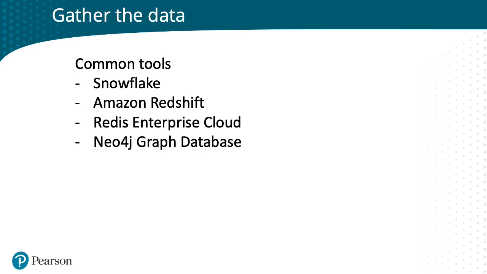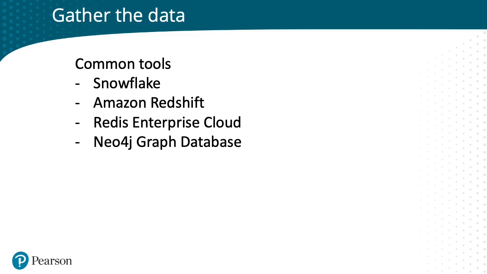And to gather our data, you'll see a lot of tools that are used. Some are open source, some are enterprise. It just depends on your project and what type of functionality you need. But these are some of the really commonly used ones in the industry with Snowflake and Amazon Redshift. We have Redis Enterprise Cloud.